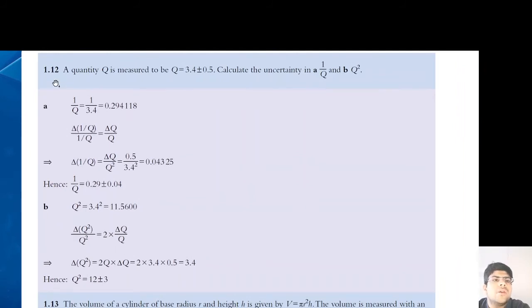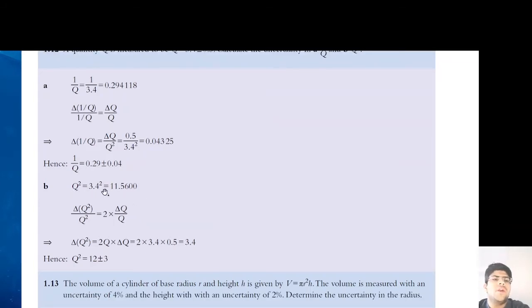Now we have another example here. A quantity q is measured to be q equals 3.4 plus or minus 0.5. Calculate the uncertainty in, first part a, which is 1 over q, and the next part b is q squared. Let's solve part a first. 1 over q is 1 over 3.4, which is 0.29, and we calculate the uncertainty as 0.04325, so 1 over q is 0.29 plus or minus 0.04.